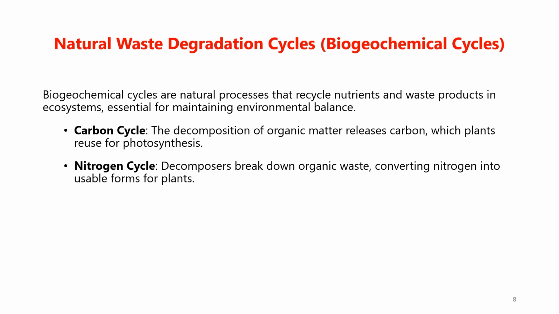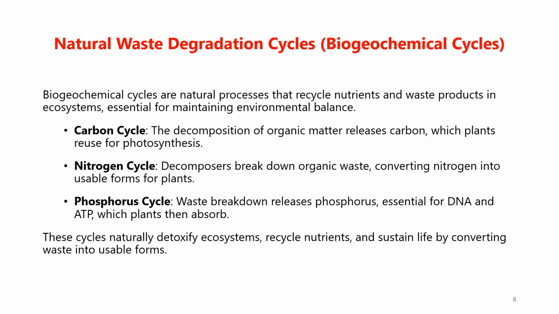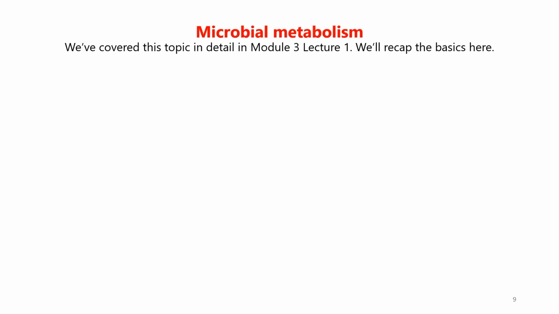Here the decomposers break down organic waste, converting nitrogen into forms usable by the plants. Then we have the phosphorus cycle, where waste breakdown releases phosphorus, essential for DNA and ATP, which plants then absorb as a nutrient. These cycles naturally detoxify ecosystems, recycle nutrients and sustain life by converting waste into usable forms.